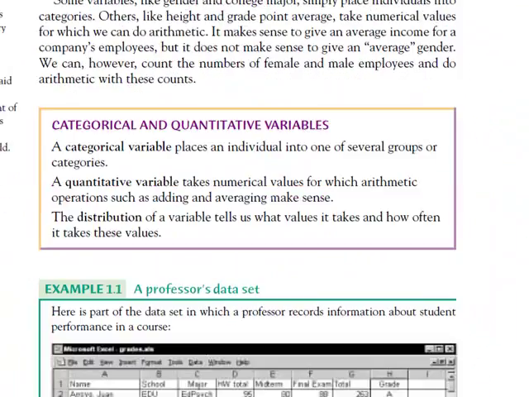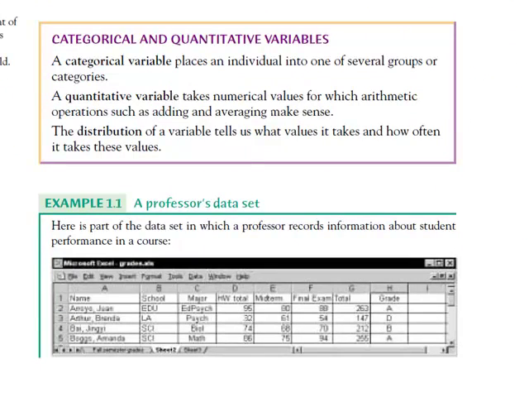So then we talk about variables. We can talk about two types of variables. We say a categorical variable versus a quantitative variable. So again, if we're talking about wines, a quantitative variable might be the alcohol content or the sugar content or the price. A categorical variable might be the color.